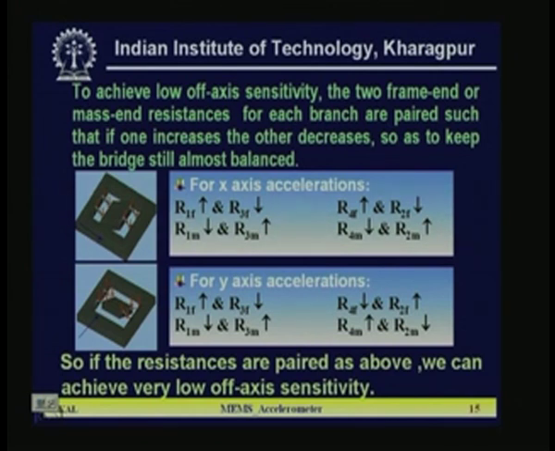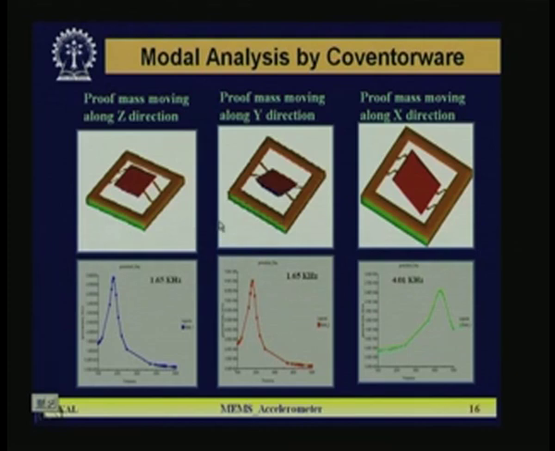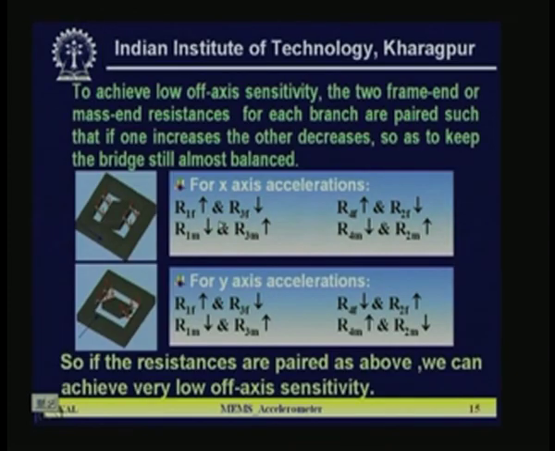And here is shown how the 1f and 3f going up and going down, 1m and 3m, 4f and 2f, and 4m and 2m, those are connected in pair and that is fixed in each arm. So if the resistances are paired like this, we can achieve very low off axis sensitivity.